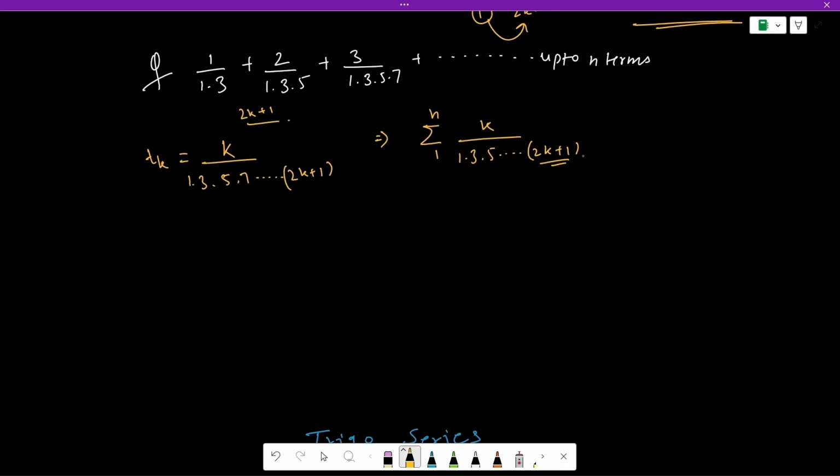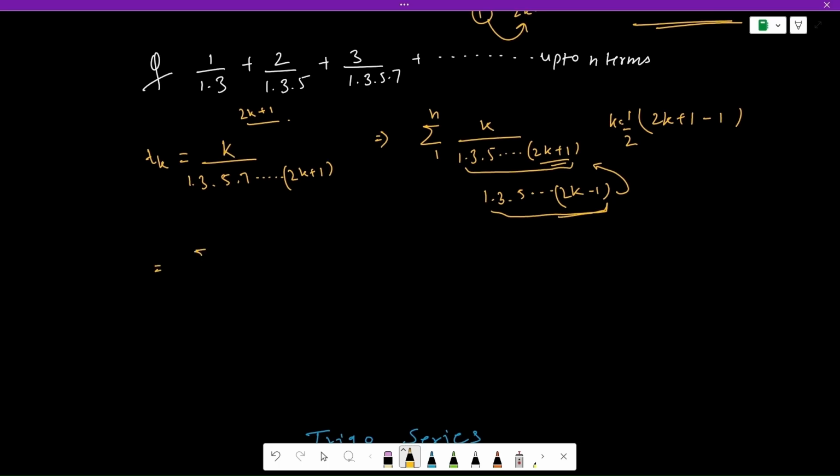If this gets cancelled, then it will be 1, 3, 5 and so on till 2k minus 1. So in the denominator, one denominator will be this and the other will be this. And if you put k plus 1, you will get this. So we can write k as (2k plus 1 minus 1) divided by 2.